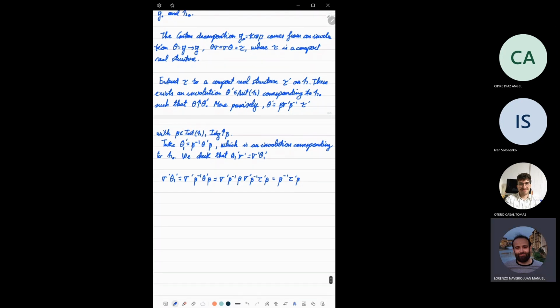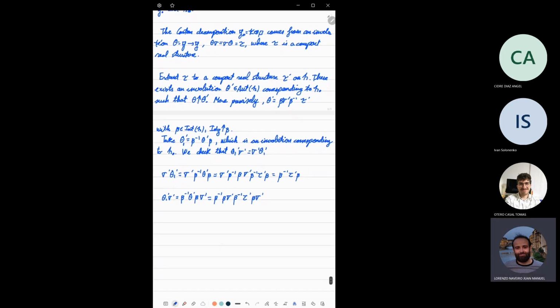And now for the left-hand side, we have that theta 1 prime sigma prime is equal to beta minus 1, theta prime, beta, sigma prime. Now we substitute theta prime. So this is beta minus 1, beta, sigma prime, beta minus 1, tau prime, beta sigma prime.